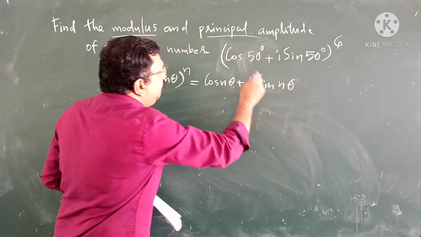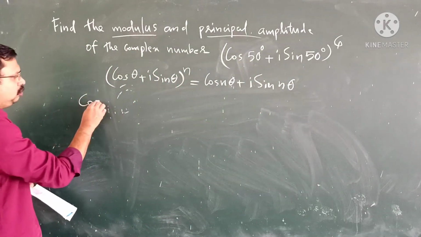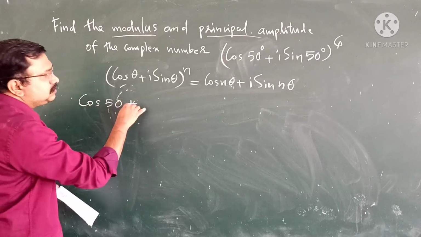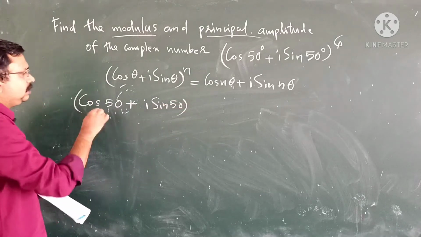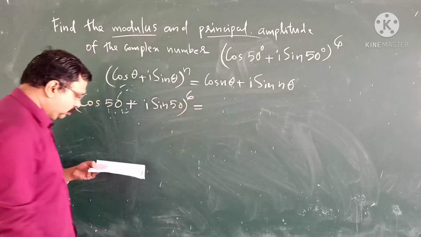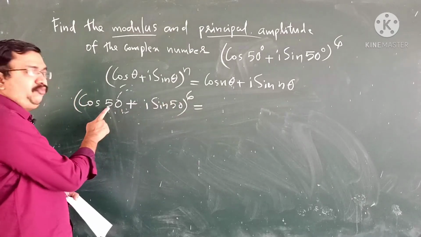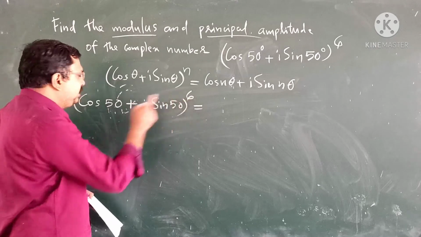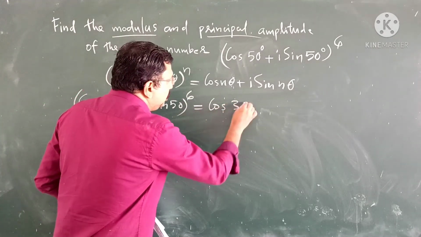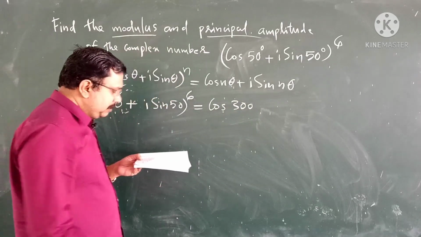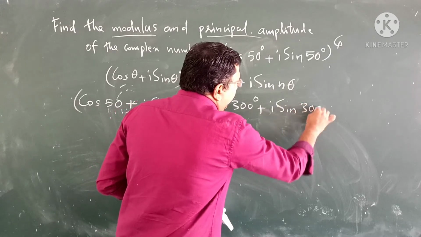Therefore cos 50 plus i sin 50, the whole raised to 6, is equal to cos of 6 into 50, that is 300 degree, plus i sin 300 degree.